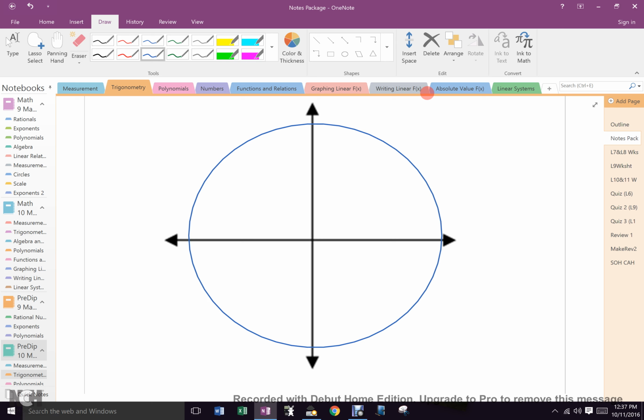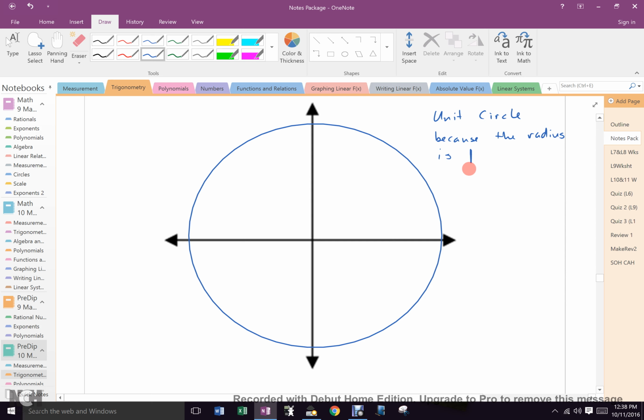All right. So this is what we call the unit circle. And we call it a unit circle because the radius is 1.